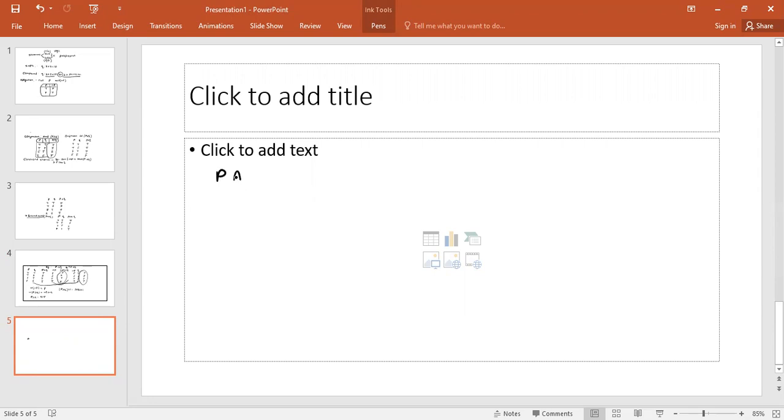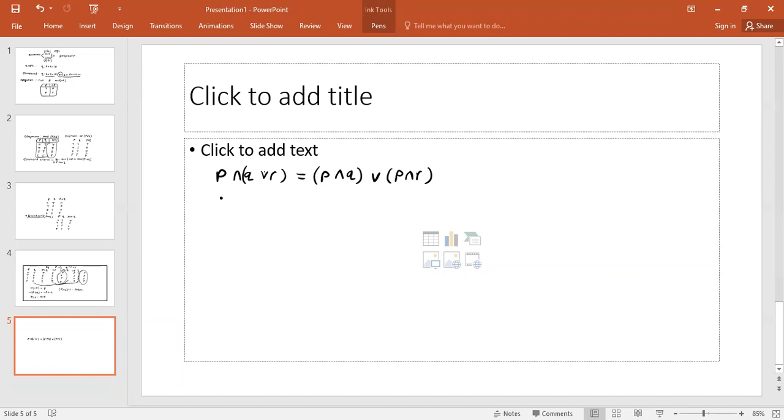P, Q, and R, okay? This is equal to P, Q, and P, R. Okay, this equation is equal to this. This is distributive law.